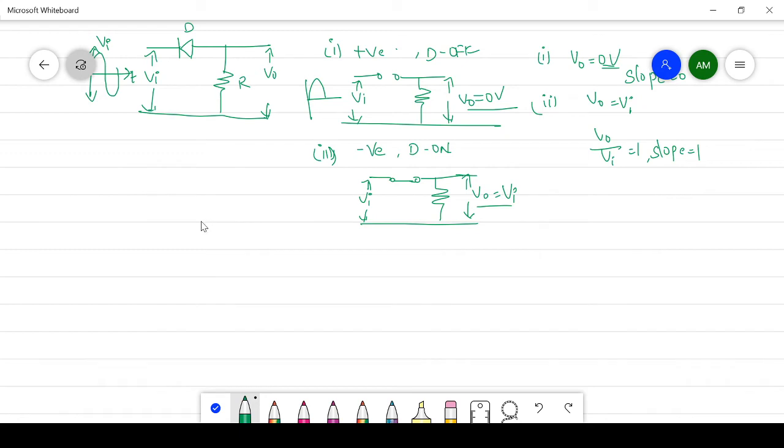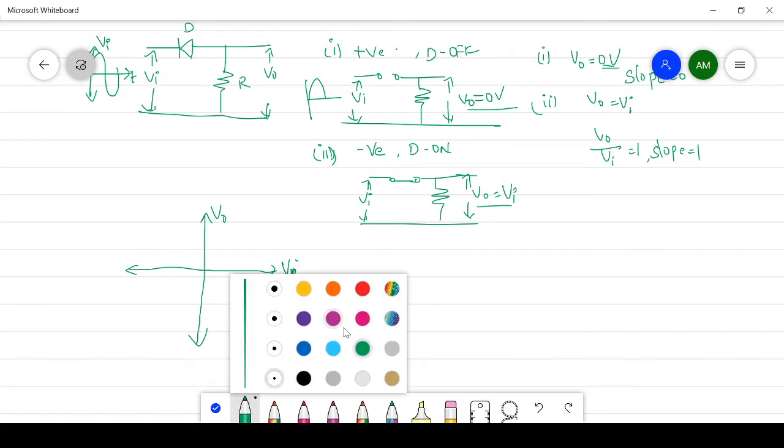Now you can draw the transfer characteristic curve between input voltage and output voltage. We already know the two conditions. First is the positive half cycle: when we apply positive voltage to the circuit, we get zero output voltage.